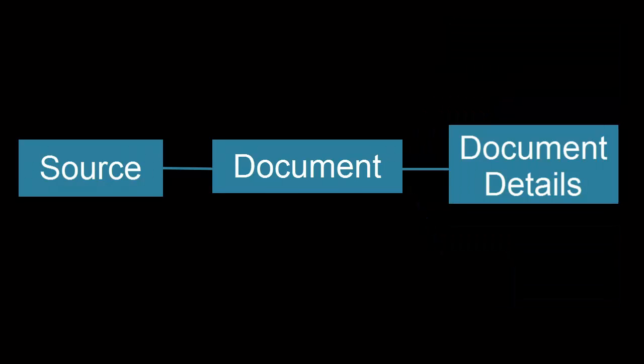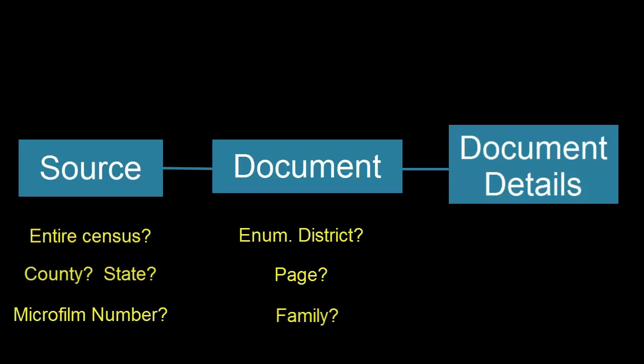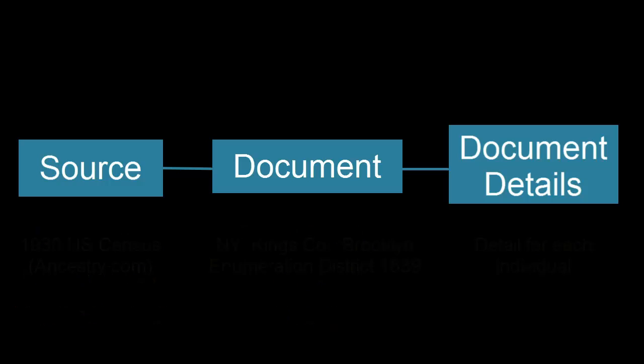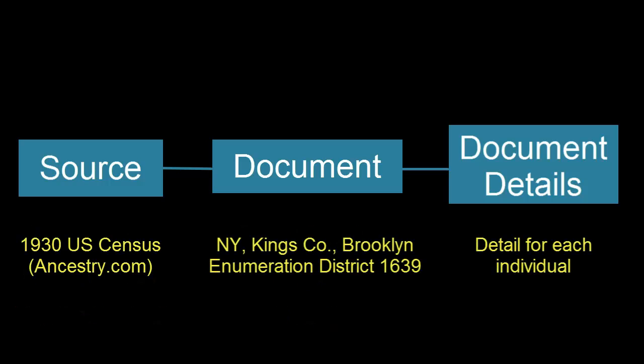There are often multiple ways to define this structure, such as whether a source should be an entire census or a subset of the census, such as a state or county, or whatever portion of the census was on a reproduced film. The decision is left to you. Personally, I follow a practice of establishing one document in my Clooz database for each census enumeration district, and one source record for the entire census if I used an online database.